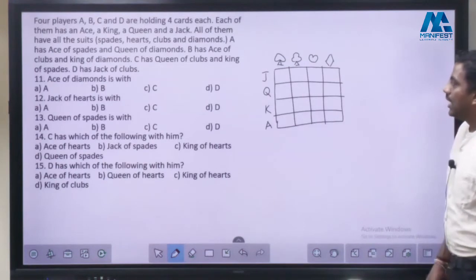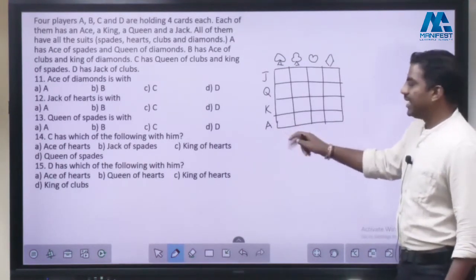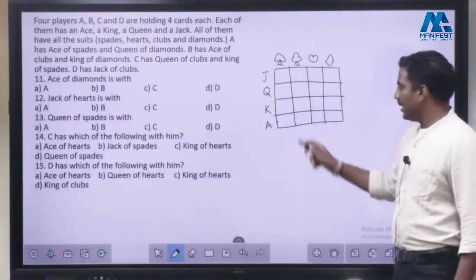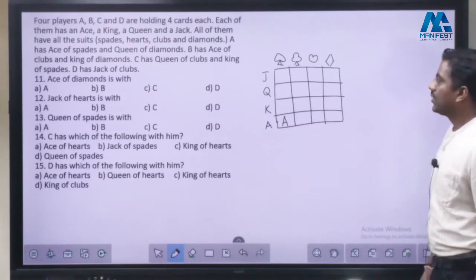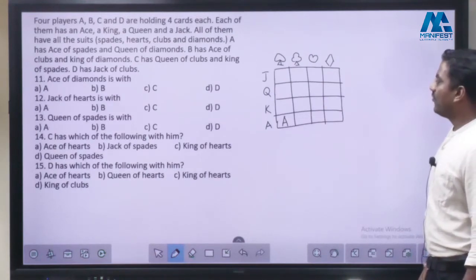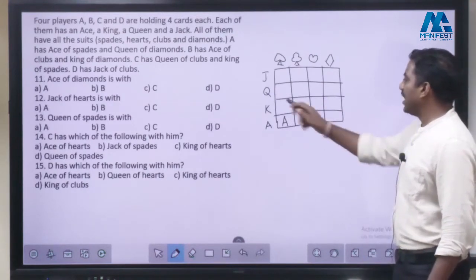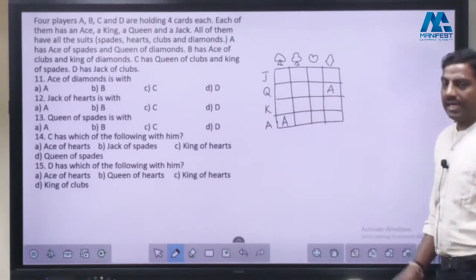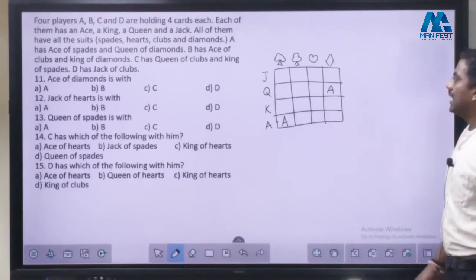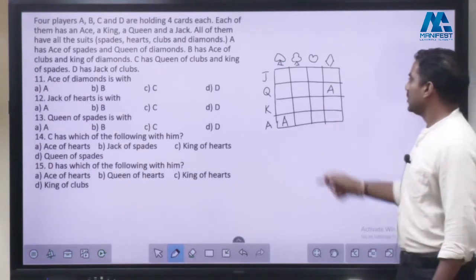Now, A has ace of spades. Ace of spades, who has it? A. Then queen of diamonds. A has queen of diamonds. It is possessed by A. B has ace of clubs.